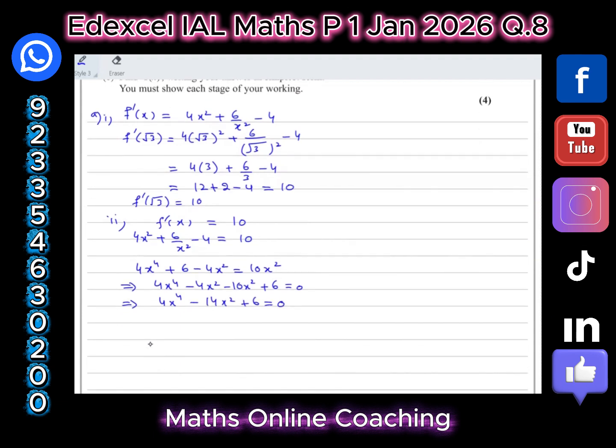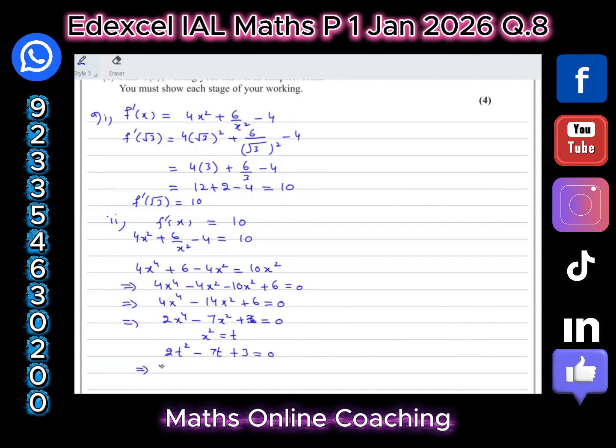By taking common 2 from here, 2 times x to the power 4 minus 7x squared plus 3 is equal to 0. Now, this equation can be converted into a quadratic equation by using substitution x squared is equal to t. Then 2t squared minus 7t plus 3 is equal to 0.